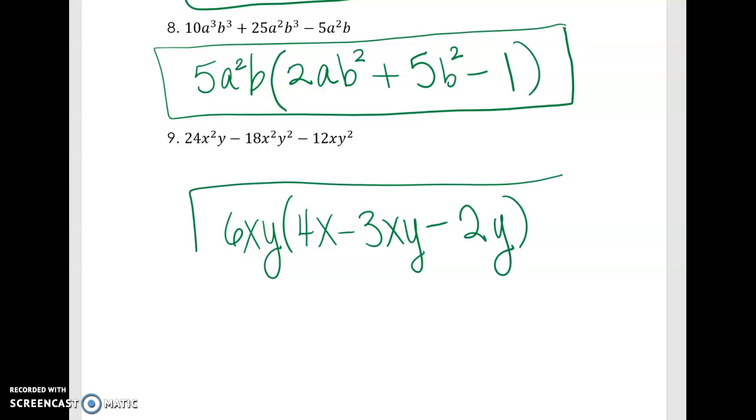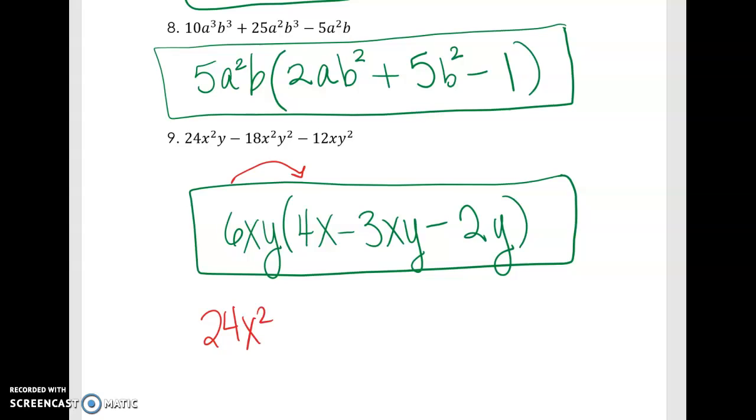Now I will check this one. I didn't check all of them in front of you, but I do want to show you how you check them here and there so that you're doing it on your work. So 6xy times 4x will be 24x squared y. That's that first term.